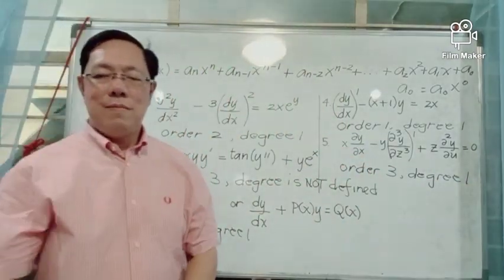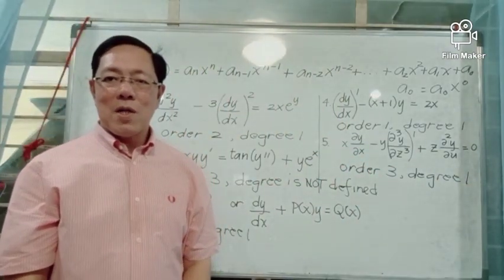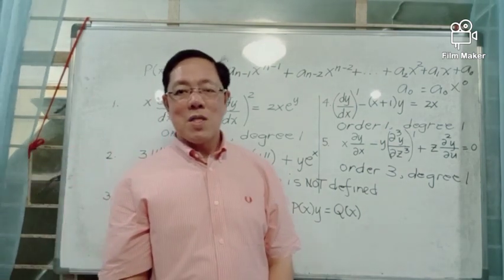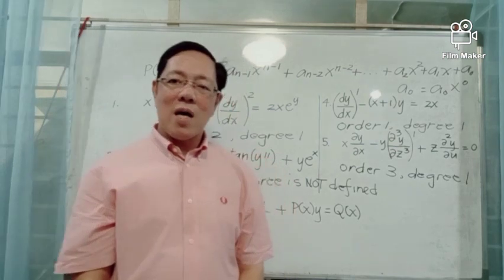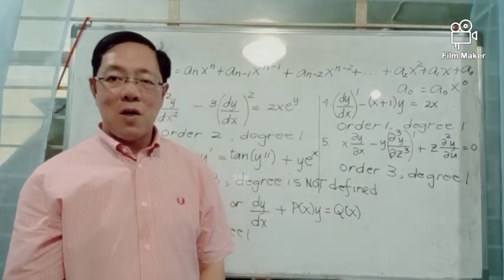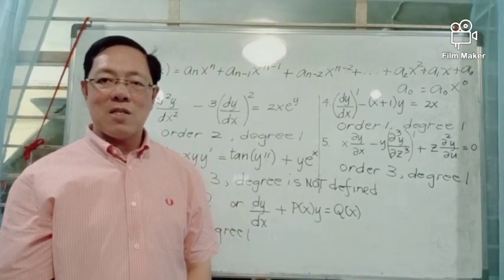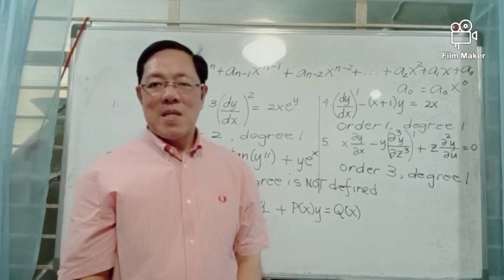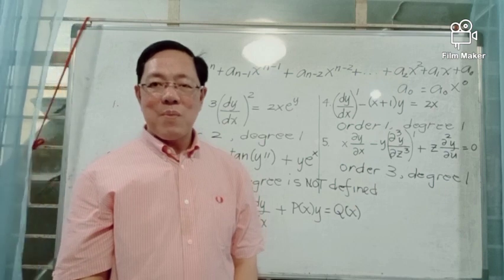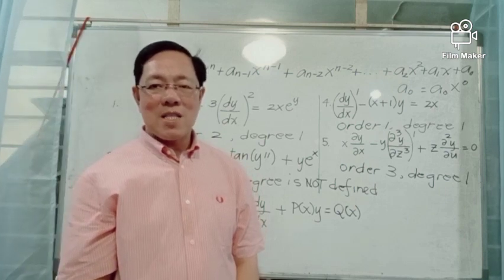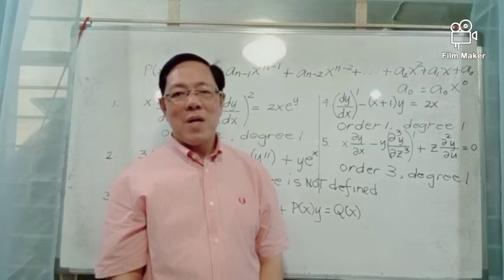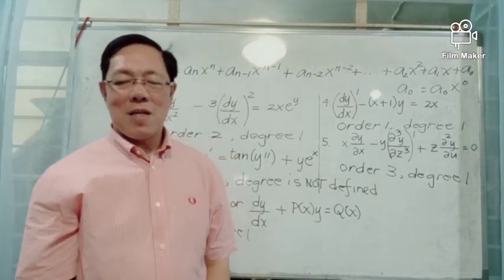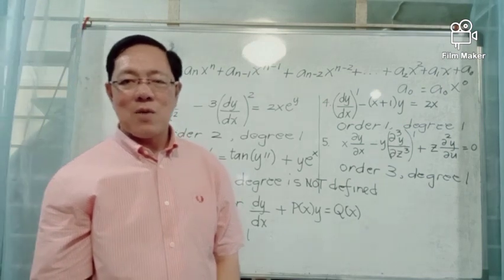Again, the order of a differential equation is given by the order, or differential coefficient, of the highest order derivative of the function that appears in the given differential equation. And the degree of a differential equation is given by the exponent or the power of the highest order derivative of a function that occurs in the differential equation.